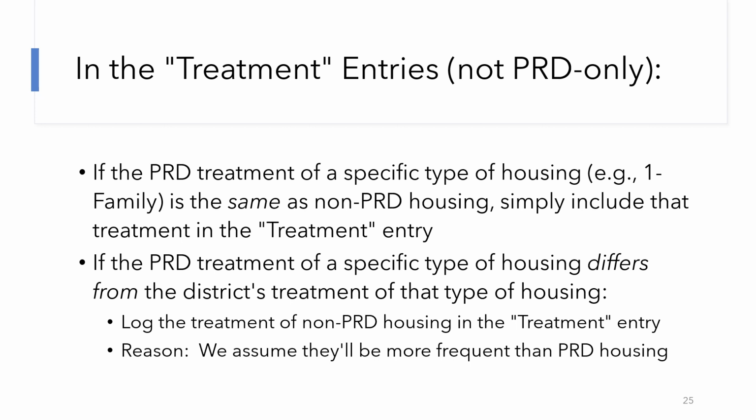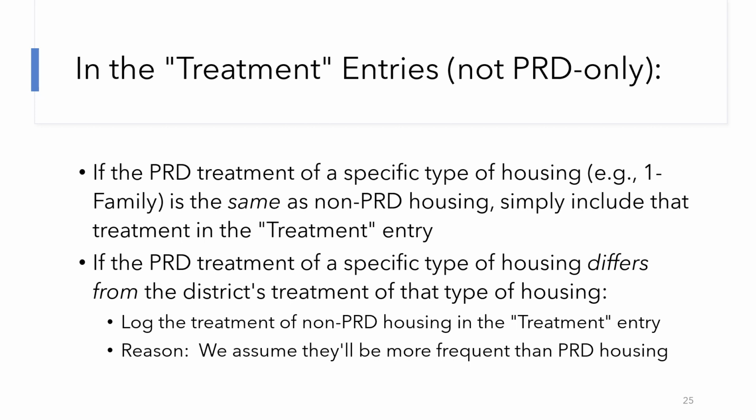However, if the PRD treatment of one-family homes is different from the district's treatment of one-family homes, then you have to make sure to log the treatment of the non-PRD housing in the housing treatment section. We assume that they'll be more frequent than the PRD housing.